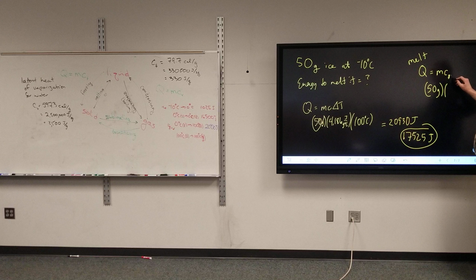We're now dealing with the heat of vaporization. And what is the heat of vaporization in joules per gram? 2,500. I didn't hear what you said though. 2,500. Okay.